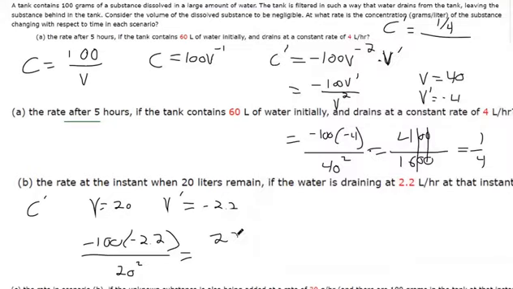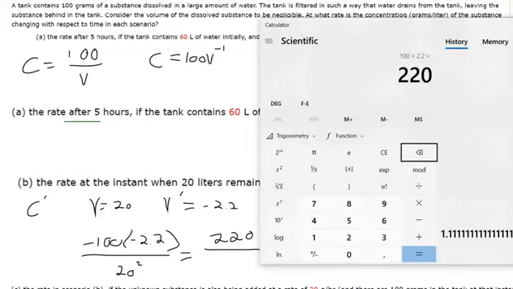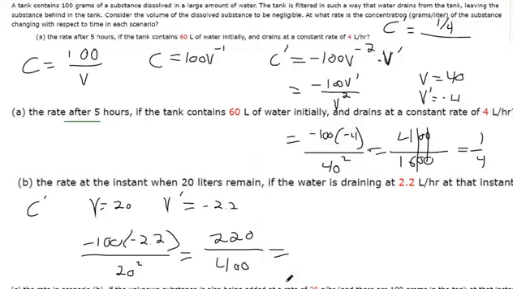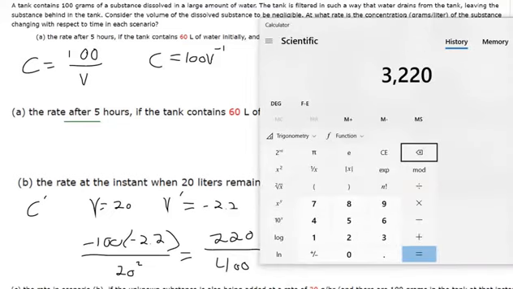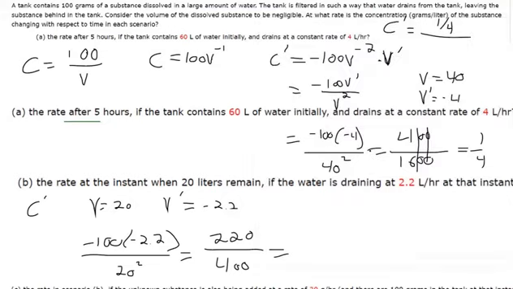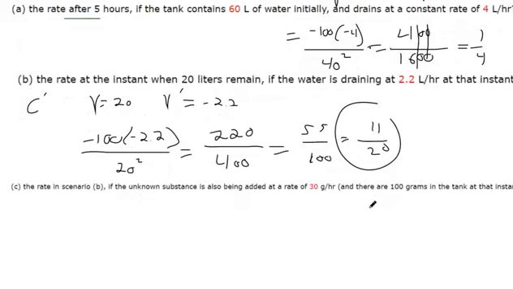That's 220. We got 20 squared is 400. And if we simplify that, maybe I can see a fraction from the decimal. 0.55, that's 55 out of 100, which is when you divide the top and the bottom by 5, that's 11 out of 20. So that's our C prime there.